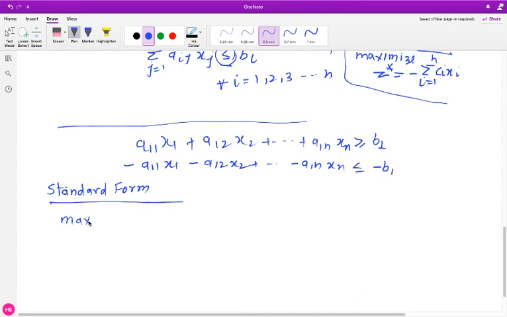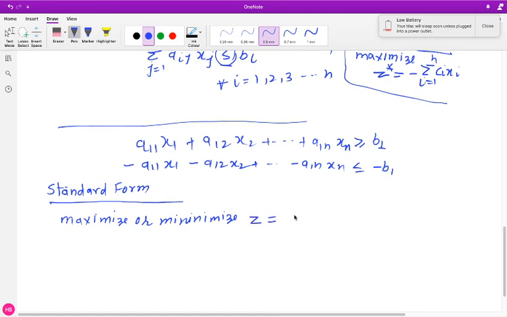Again, maximize or minimize z equals c1 x1 plus c2 x2 plus dot dot cn xn, subject to the constraints.